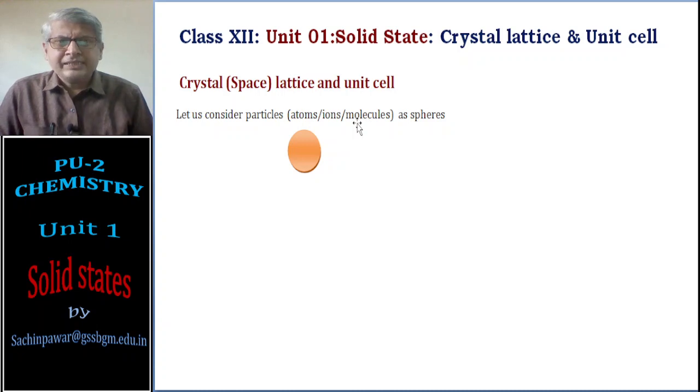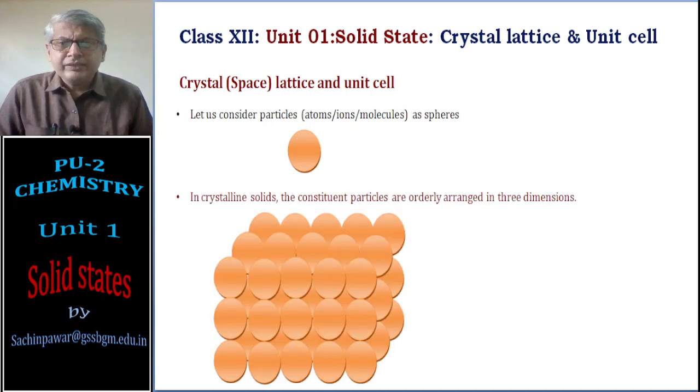Now, when I say a crystal lattice, I am considering the three-dimensional network of solid. So let us see how this is created. Such a bunch of spheres need to be taken together and packed together in a particular form, and that can be done in different ways.